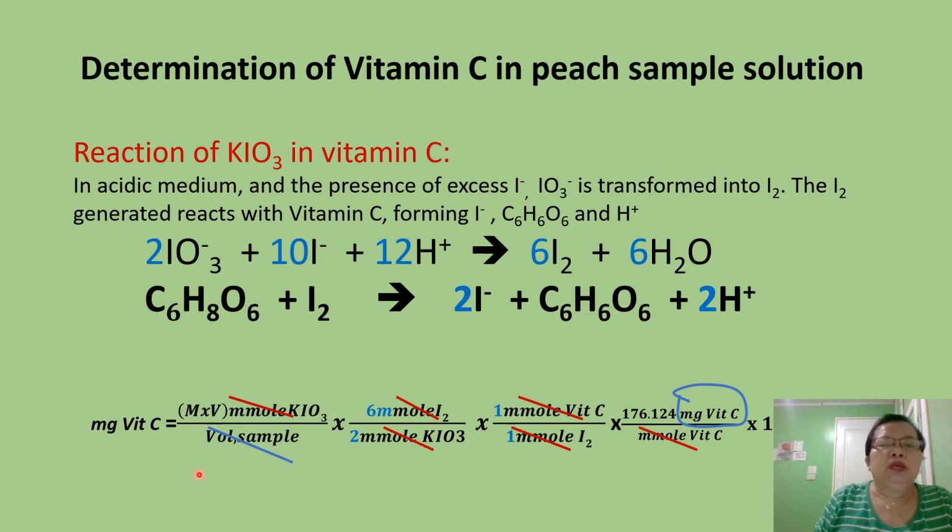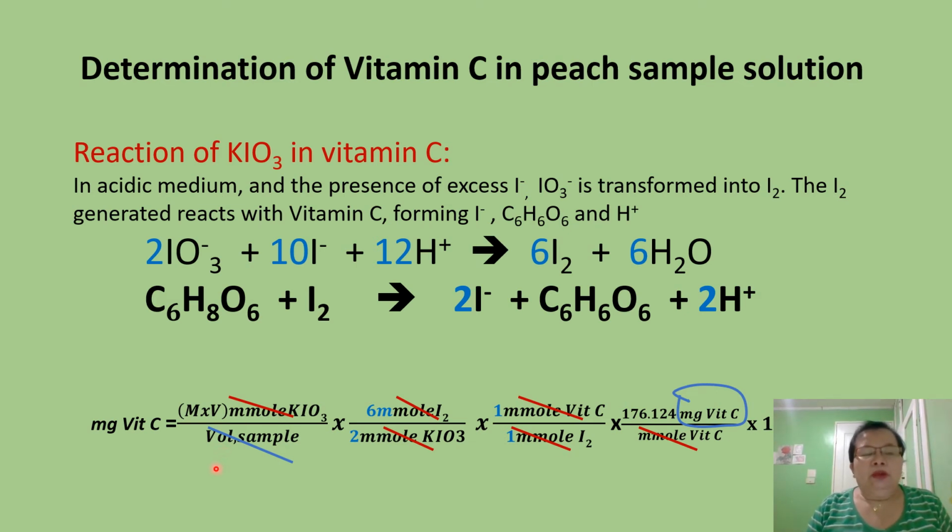But kung ang atong gi-measure is mass, our first entry is molarity times volume of our titrant over mass of our sample. Now in this case, we measure known volume of our sample solution. That's why our first entry is molarity times volume of our titrant over volume of sample.